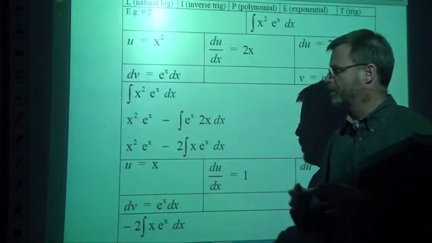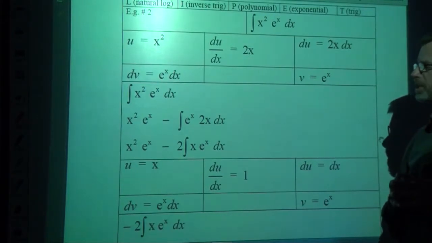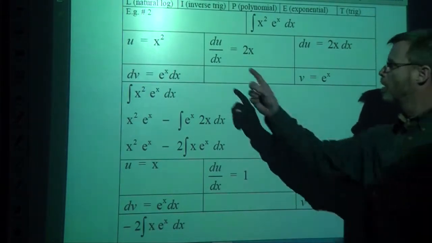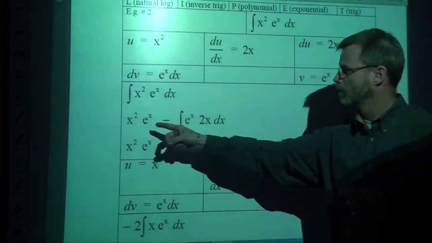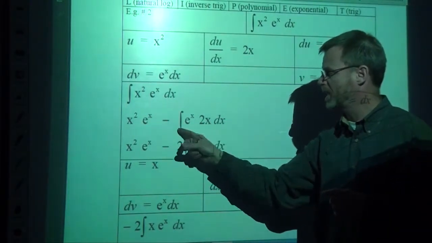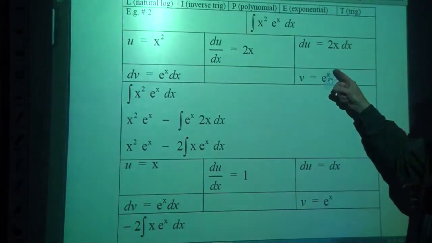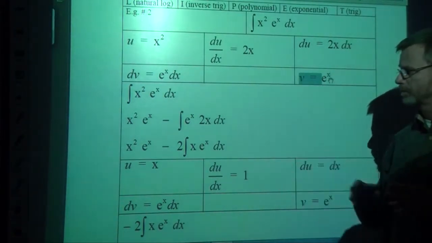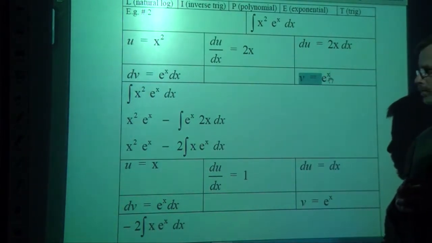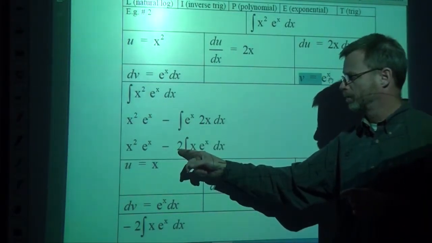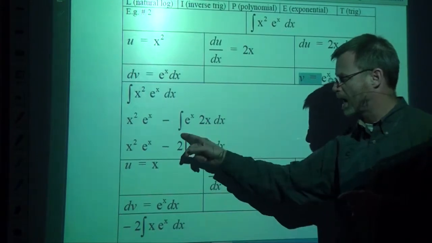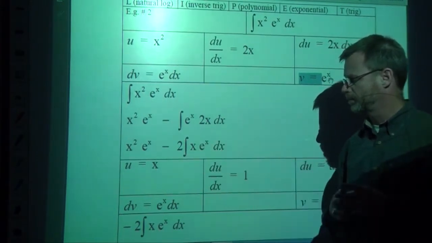So here our integral is going to be equal to mu times v, x squared e to the x, subtract the integral of e to the x times 2x dx. Take the 2 out in front of the integral, and now we have to reapply the technique to what we have left.